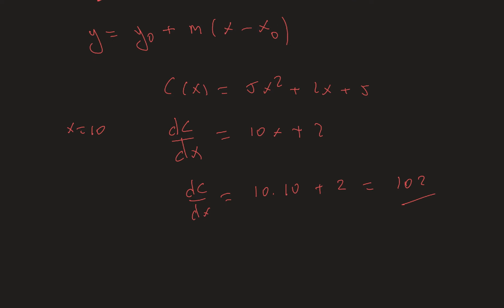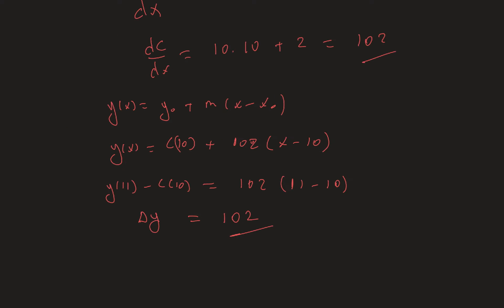So what is the rectilinear line? The rectilinear line is always y of x equals y0 plus m multiplied by x minus x0. In this case, the line that passes through the point x equal 10 is y of x equals the value at x equal 10, that is C of 10, plus the slope 102 multiplied by x minus 10.